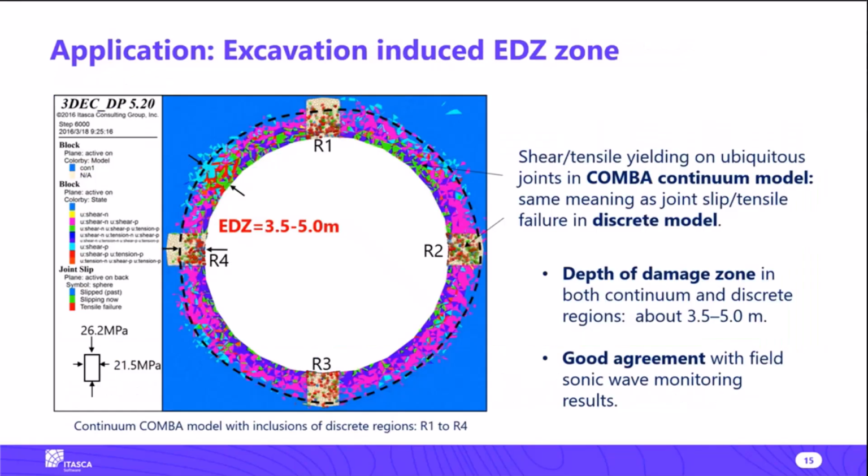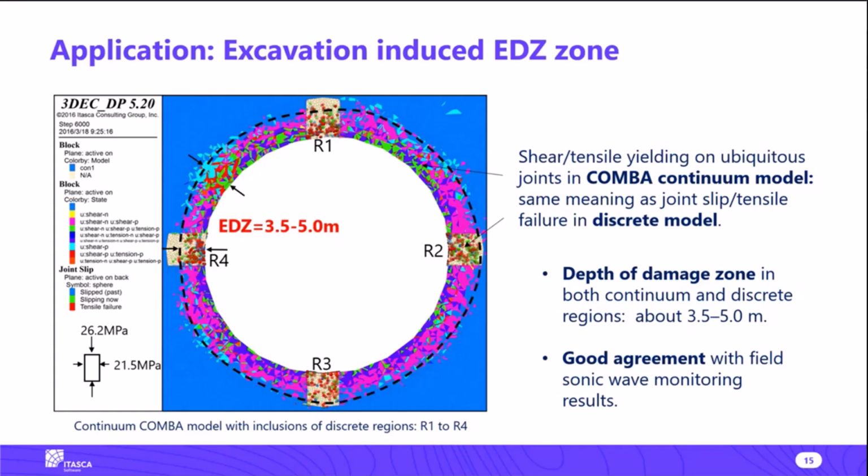Here we see the excavation-induced damage zone around the chamber, and the discrete region appears on the plot, as well as the region where the Comba continuum model has been used.